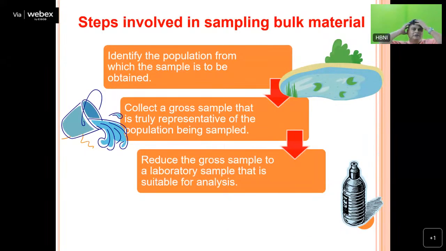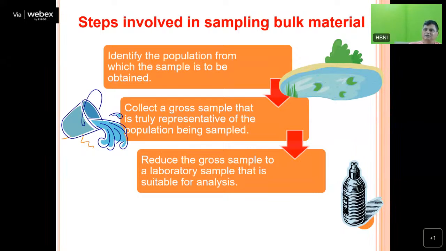Now, the steps involved in the case of bulk materials. For example, suppose I have to determine lead in a lake with an area of about 10 square kilometers, and I have to tell what the concentration of lead in that lake is.